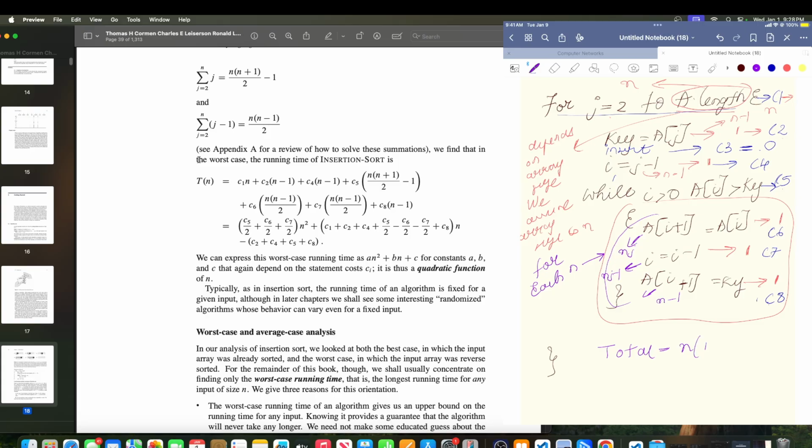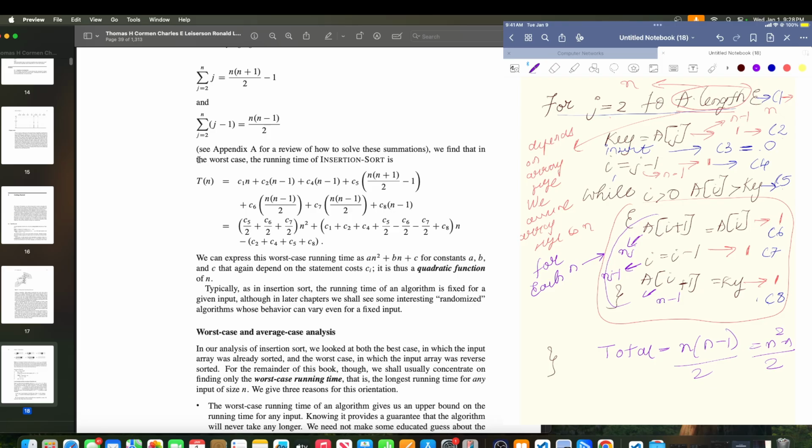So n minus one. This is basically n square minus n by 2, right? So worst case, whenever you are solving any problem, we are always going to look at the worst case, unless it is mentioned that it is not going to be the worst case.